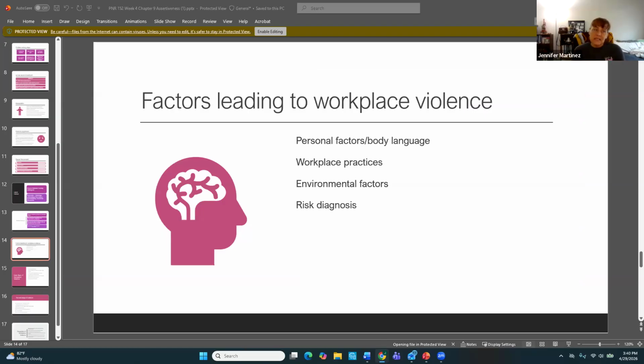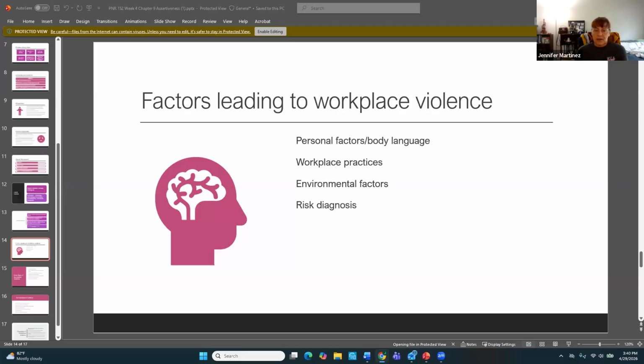So what leads to workplace violence? Okay. And so workplace violence, again, this isn't just the people that come in to seek healthcare. This is the people that we work with. Okay. So depending on the situation, certain things that lead to workplace violence: personal factors.